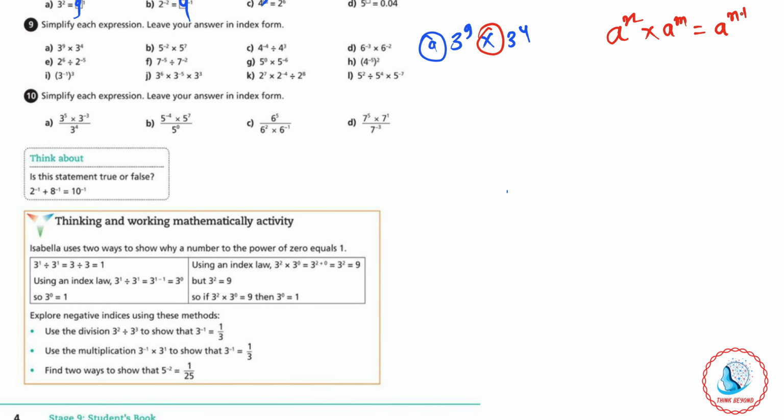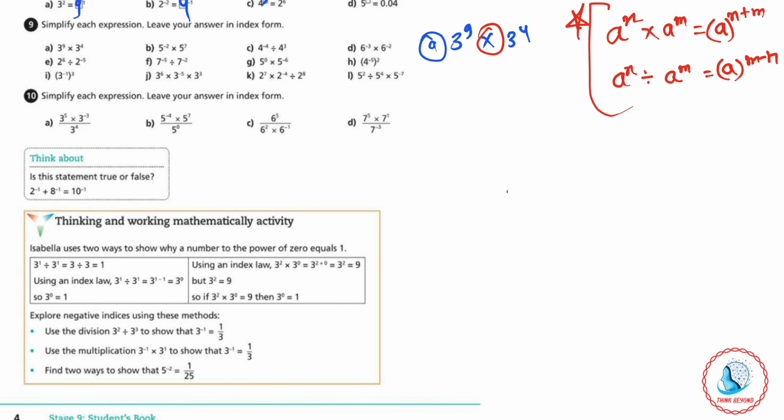It will be n plus m. And if the base is the same and the power is different and there is a division, then the answer will have the same base and the power will be in the subtracted form. These two formulas are very important and will be used very frequently, remember it.